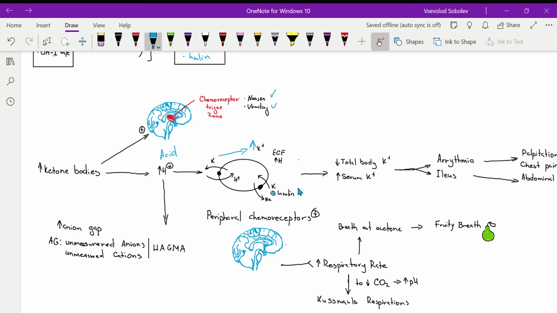This increased potassium leads to increased potassium in the serum and decreased total body potassium, because the body pees it out.